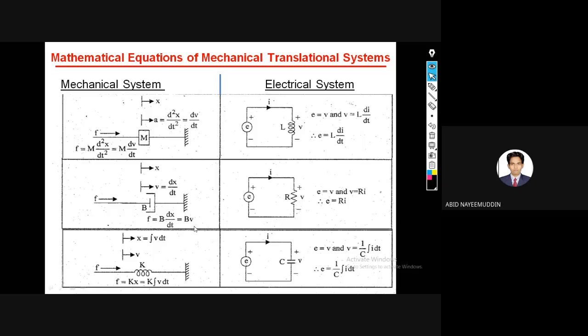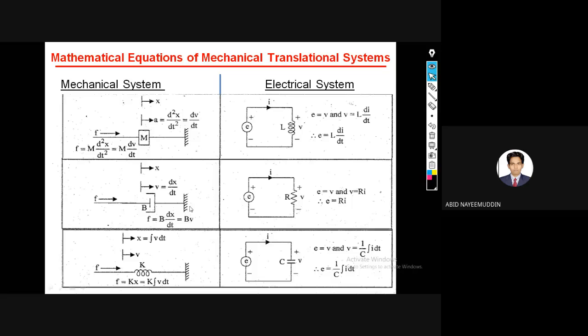It should be noted that for the mass element there will not be any other displacement, if you observe these three, the other ends of these 3 elements are grounded. If, for example, the other end is not grounded and another force is applied from here, causing to and fro movement, then you should not consider it as dx minus dx.